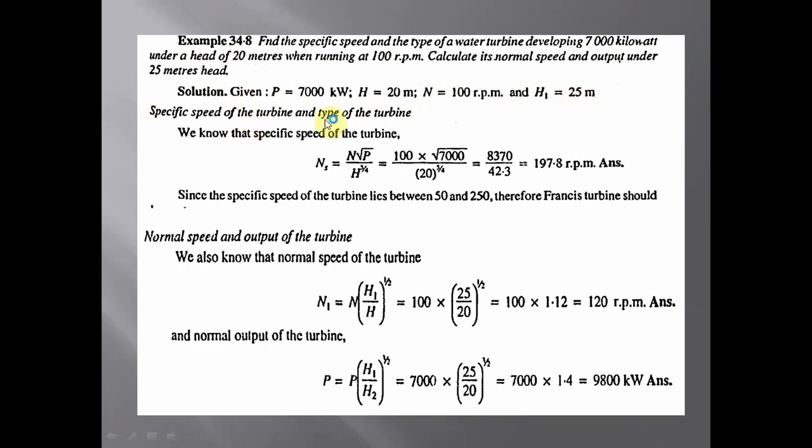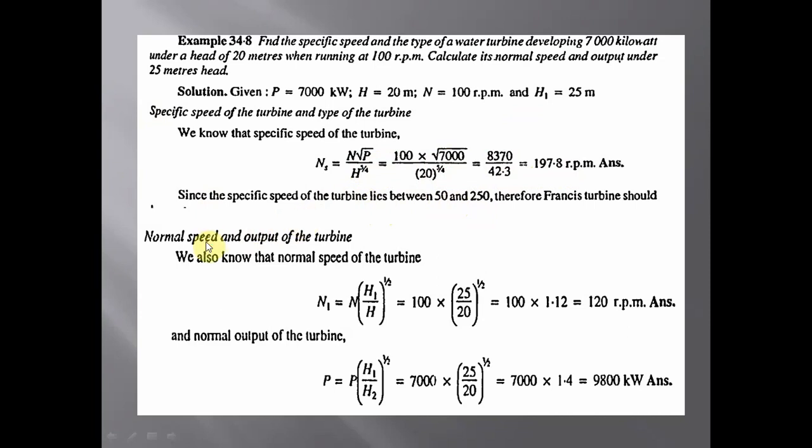The specific speed of the turbine Ns = N × √P / H^(5/4), that is 100 × √7000 / 20^(5/4), that is 837 divided by 42.3, that is 191.8 rpm. Since the specific speed of the turbine lies between 50 and 250, therefore a Francis turbine should be used.